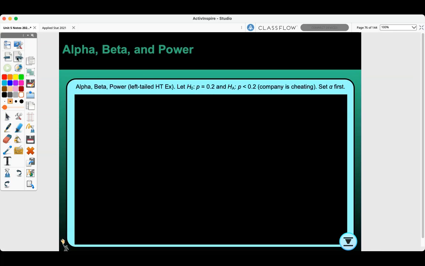Let's look at alpha, beta, and power with a left-tailed hypothesis test example. Let our null hypothesis be P equals 0.2 and our alternative hypothesis P is less than 0.2, the company is cheating. First, let's set alpha. So we're going to draw a picture of this.